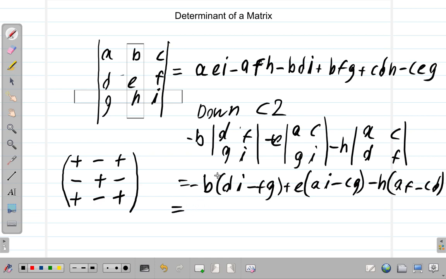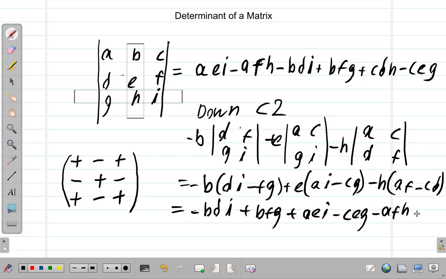So now, we multiply out the brackets. Negative BDI plus BFG plus AEI minus CEG minus AFH plus CDH.